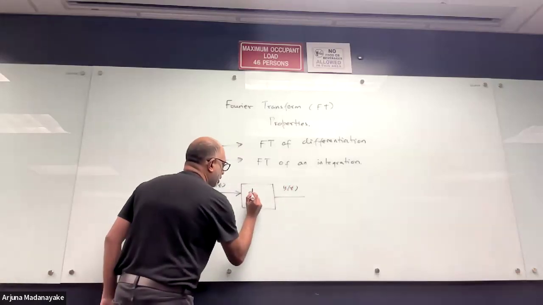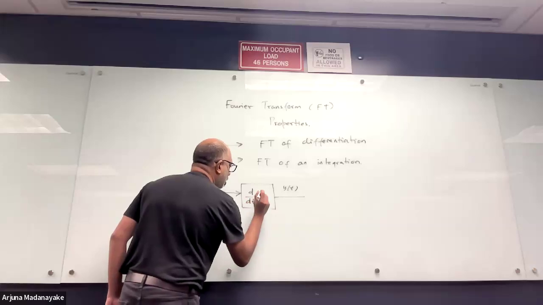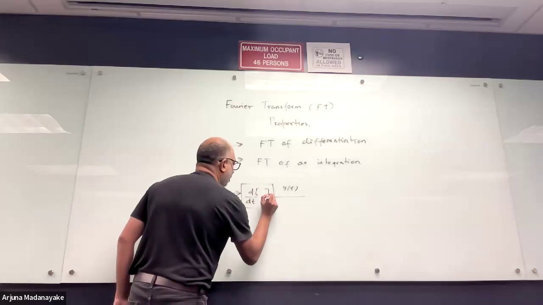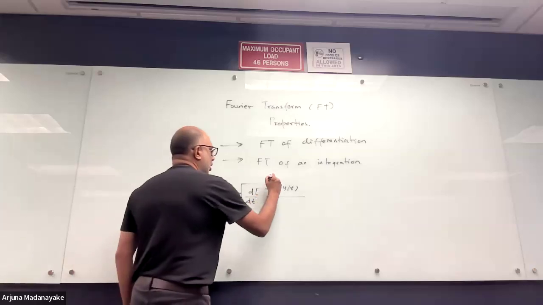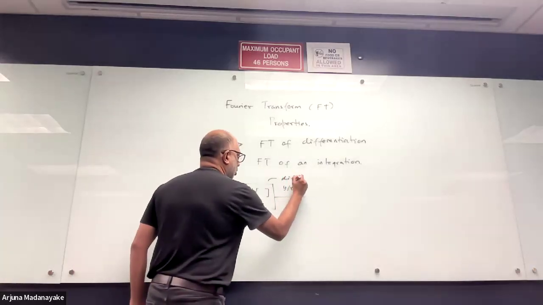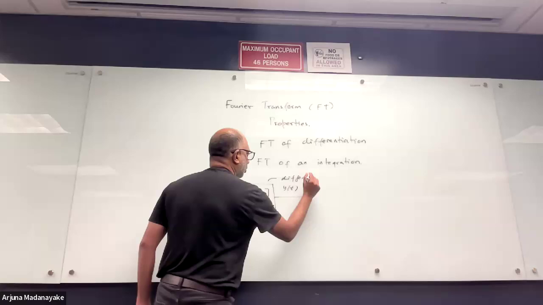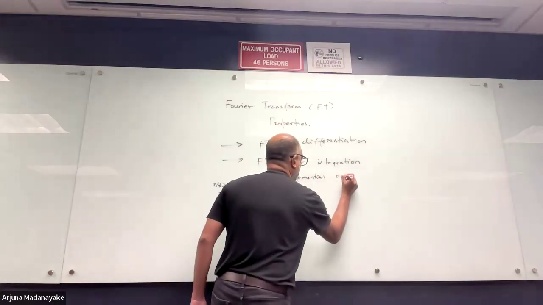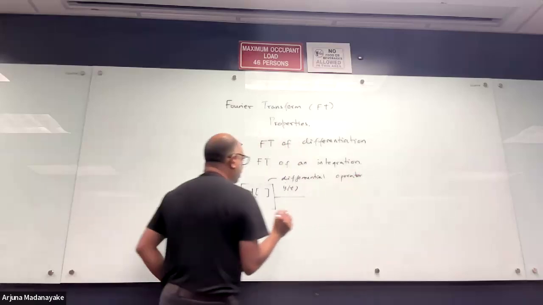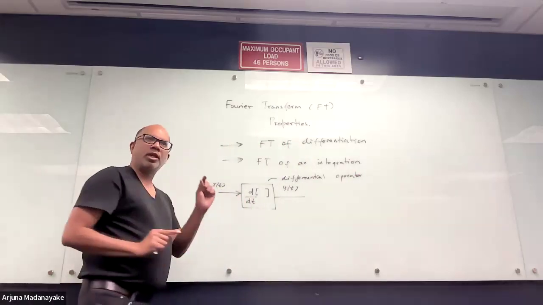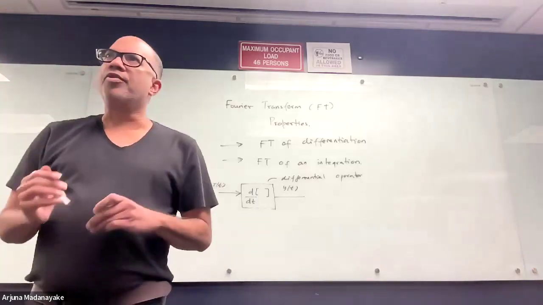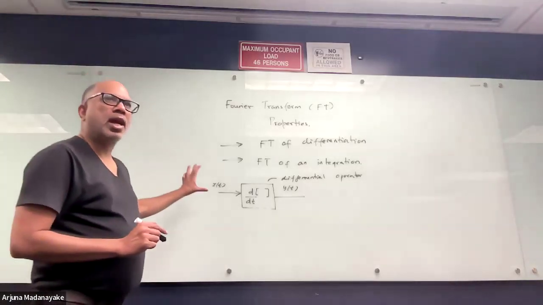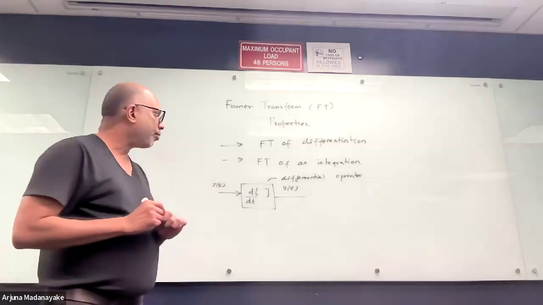And this does the operation d over dt. So this is a differential operator. It differentiates x with respect to t and produces a differential coefficient of x with respect to t as a function of time. So we call it y.